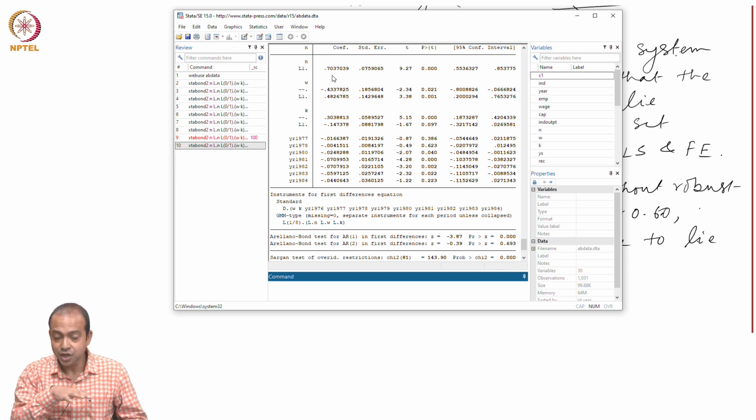If that is the case, we need a standard error consistent with this, and two step estimators are preferable to the one step GMM estimator.